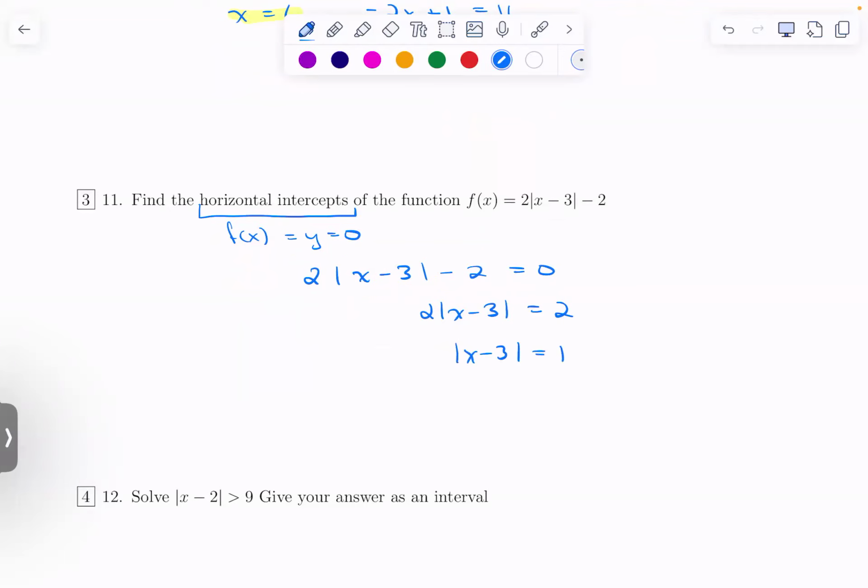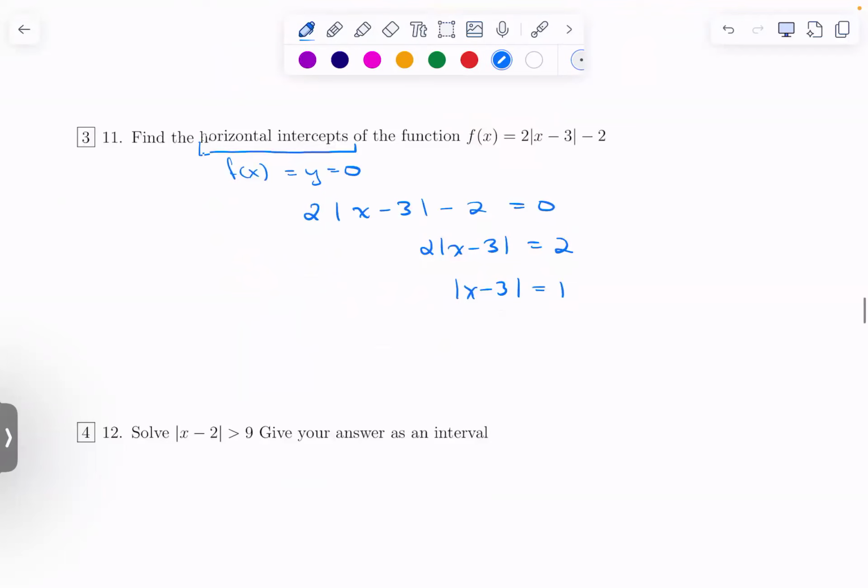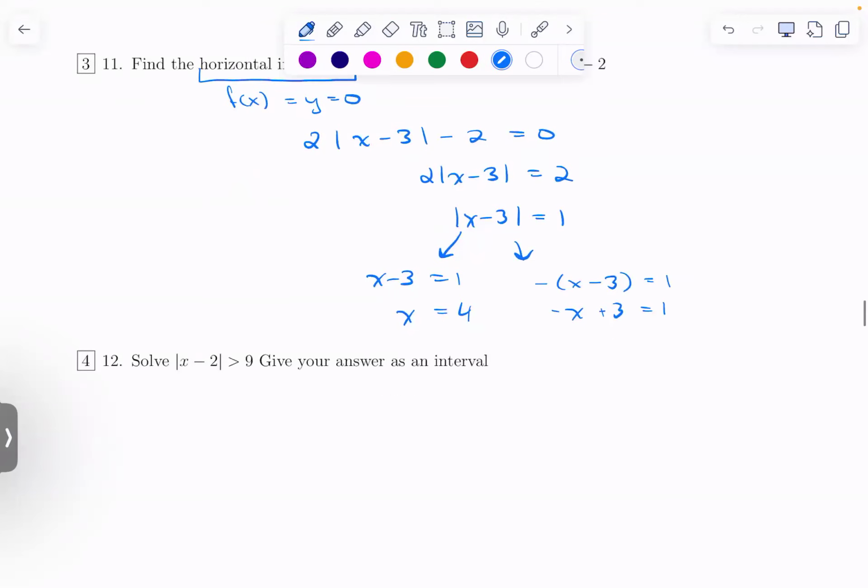Now I can split it, right? I think of it as splitting, though I'm not actually splitting it; I'm considering both of the options. Where x minus 3 is equal to 1, which means x is 4, and where negative x minus 3 is equal to 1, so negative x plus 3 is equal to 1.